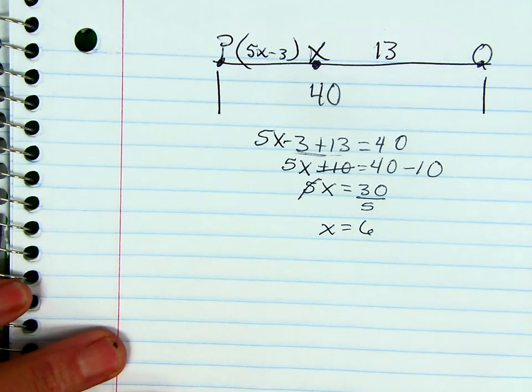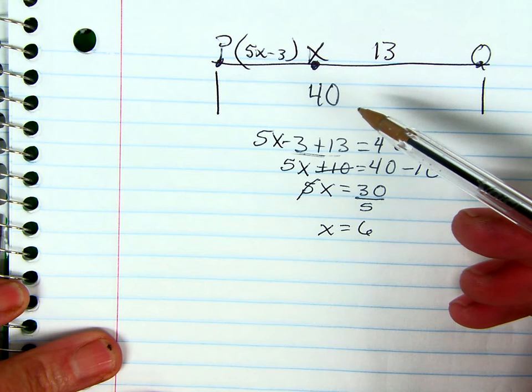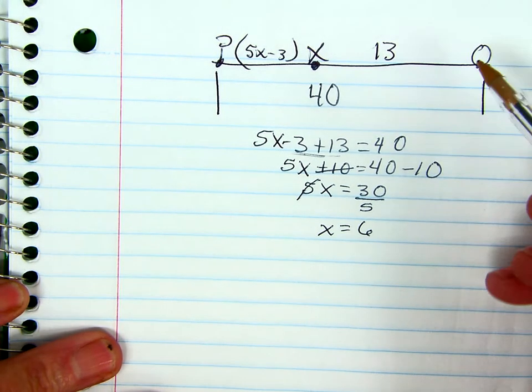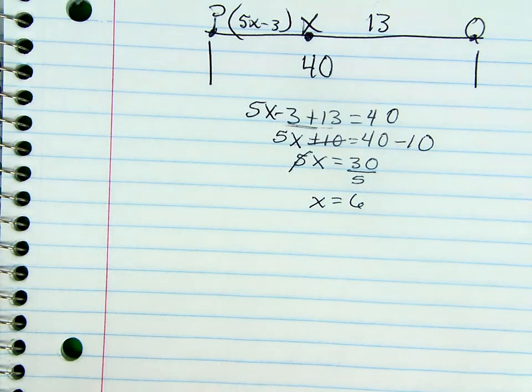Now we have some options. Did you have a question? I have a lot of questions. Okay, go ahead and ask. So I put 40 backwards. 40 equals 13 divided by 5x equals 3. That's fine, but then I got 10. Like x equals 10.